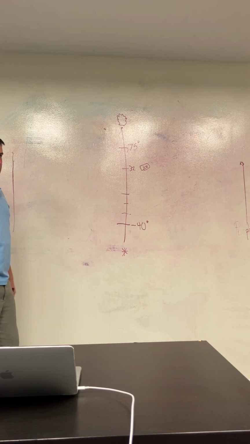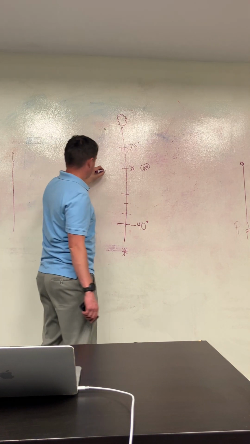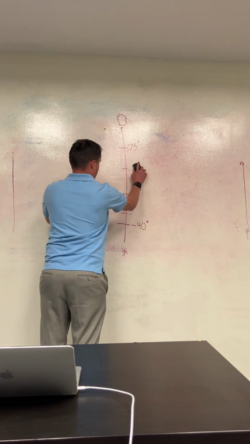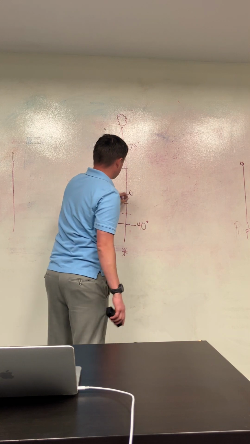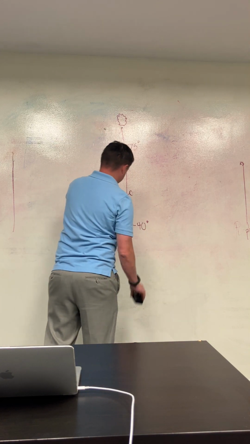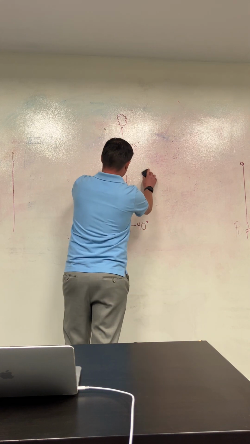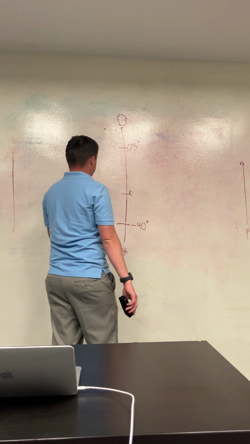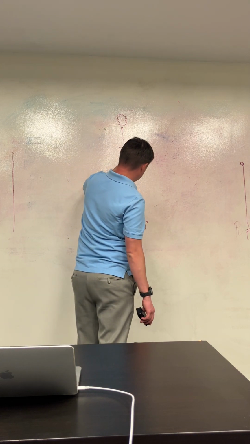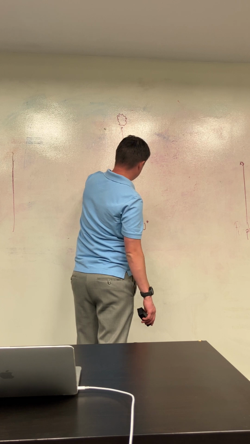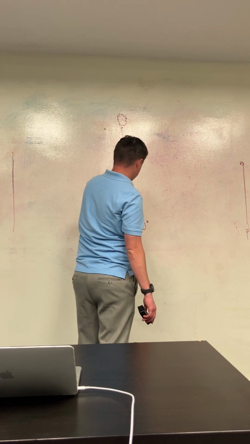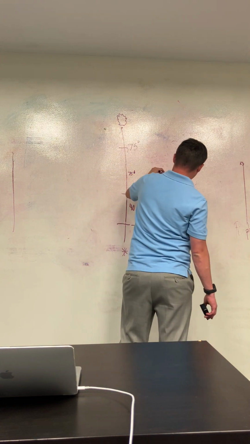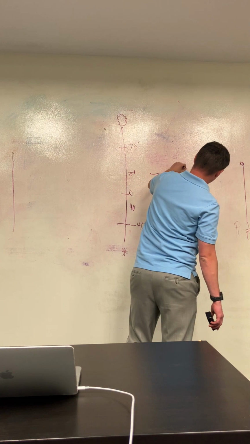We could figure that out by dividing, or by seeing, well, say this is 0. There is 75 from 0 to 75 there. And then we'll say there's 40 here. So we could say 75 plus 40.